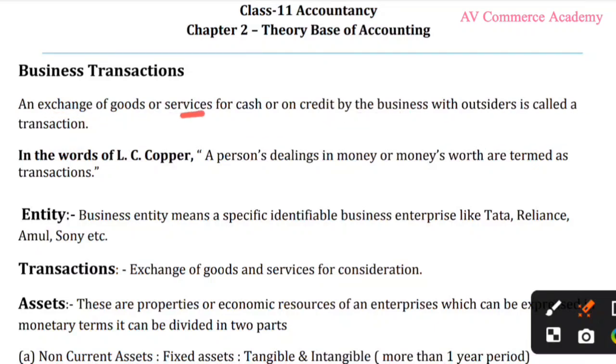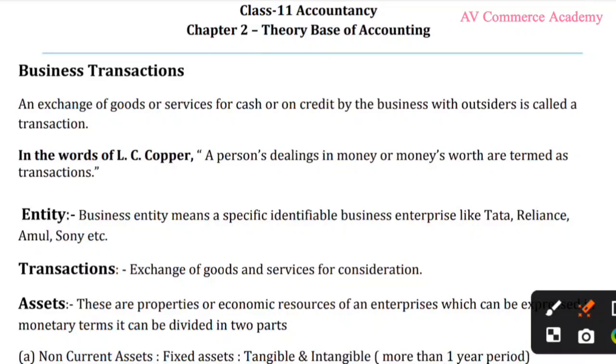In business we deal with only two products. One is goods, for example a product, and the other is services, like hotels, bus and train services.